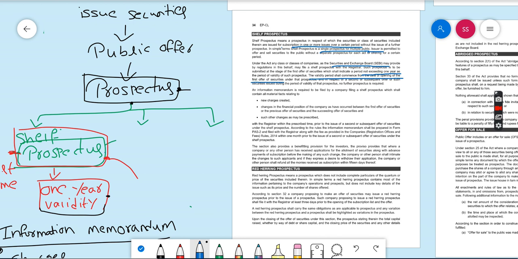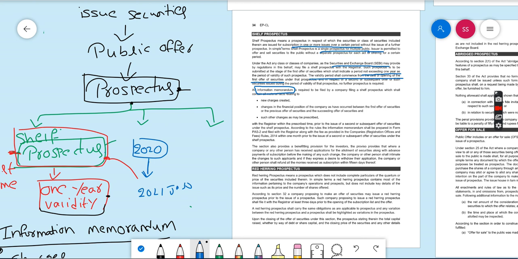So if you are offering the securities on Jan 30, 2020, then from this date until Jan 30 of the next year, your shelf prospectus is valid. And if there are any changes during the year, you need to issue something called an information memorandum along with the shelf prospectus.